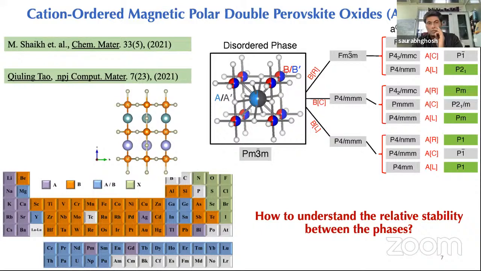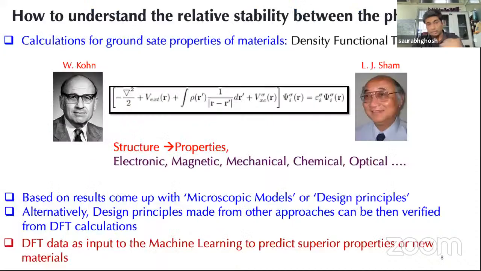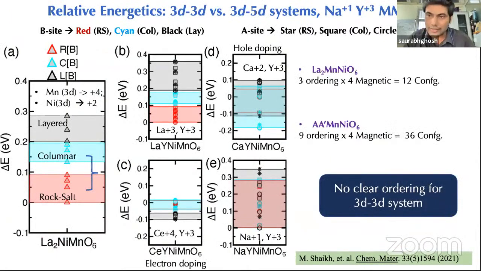Here you have 9 different orderings and 4 magnetic orderings: ferromagnetic, and antiferromagnetic A, C, and G. So for one particular compound, you have to do 36 geometry optimizations. The geometry optimization, density of states, and magnetic calculations were all done using density functional theory.